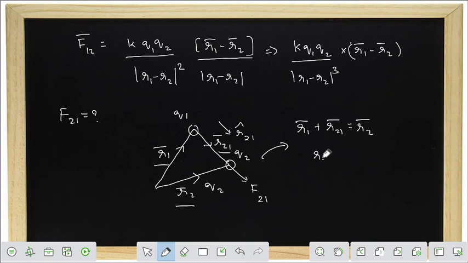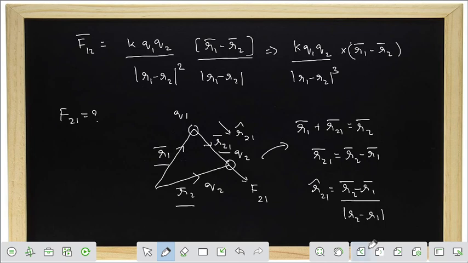So r21 bar is equal to r2 bar minus r1 bar. Now if you find the unit vector for it, r21 cap can be written as (r2 bar minus r1 bar) divided by modulus of r2 minus r1.